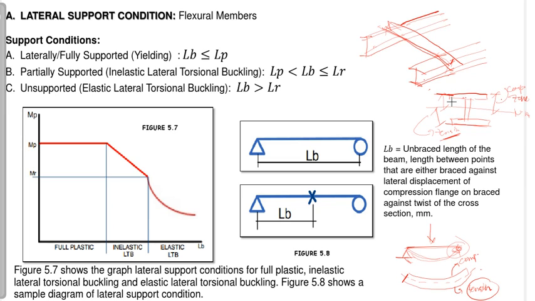Hindi nagkakaroon ng lateral buckling sa ating tension zone, kasi di ba't ang ating LTB, nangyayari lang siya sa ating compression zone. So, pag sa ilalim ka naglagay ng lateral support, that would not become efficient. Parang wala lang, naglagay ka lang dyan pero wala namang purpose. Okay? So, kaya sa ibabaw natin nilalagay yung support.